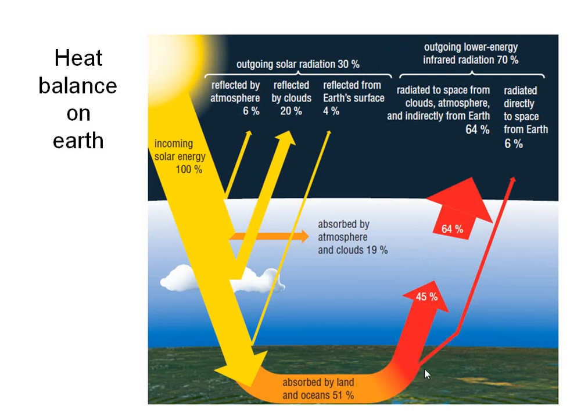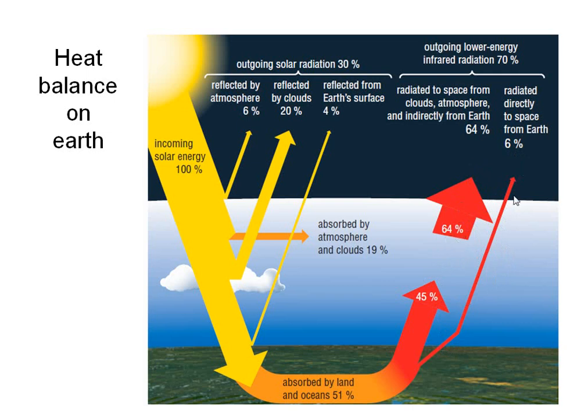So the warm substances can radiate the infrared radiation. Okay, infrared radiation is the heat. The infrared radiation carries the heat. Got it, right? Okay, so the heat is slowly sent out into space, and this is 70%, right?